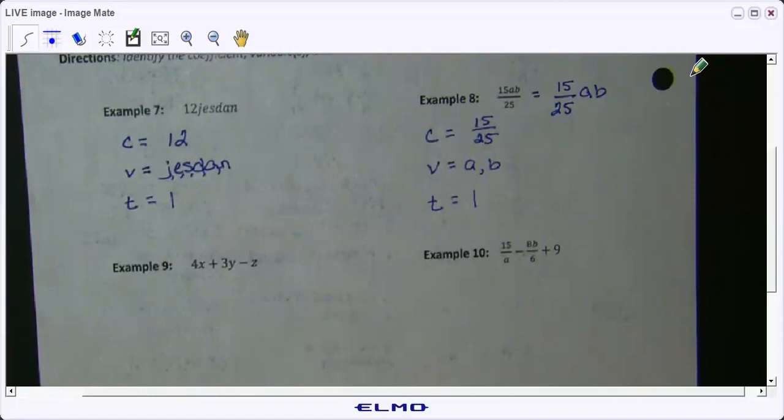Good question. Okay, so I want everybody to look at what she put. Good, 8/6.